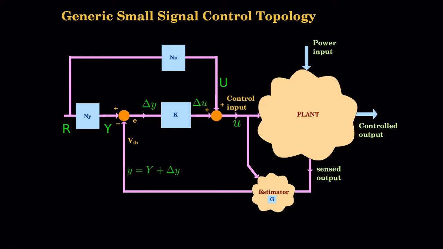You are doing full state feedback, let us say, and you need to sense all the states, and some may not be possible to sense. So, you put an estimator. You need to design the controller gain K. You need to design the reference generator. You need to design the steady state control input part.